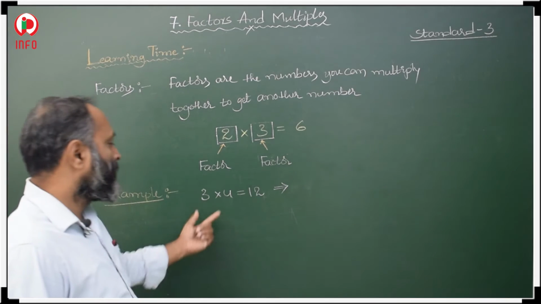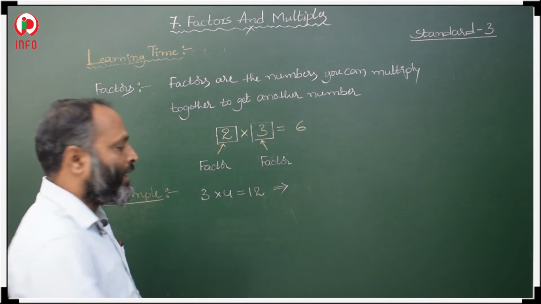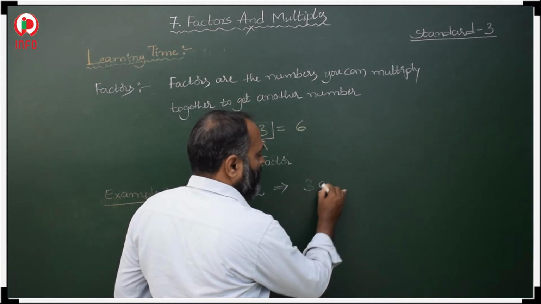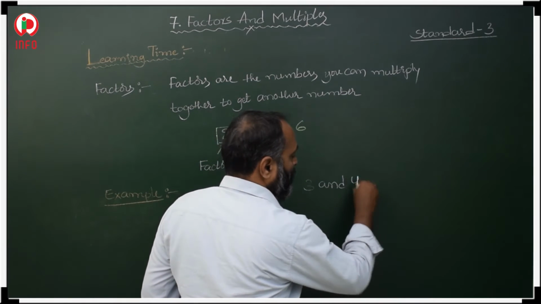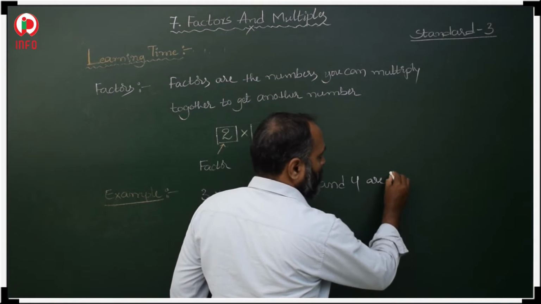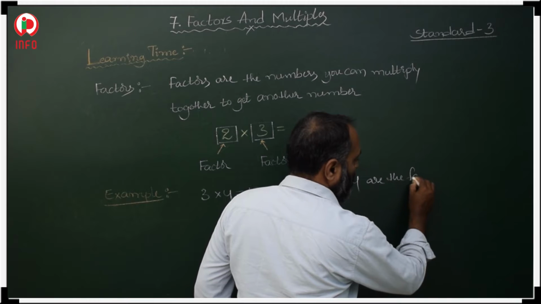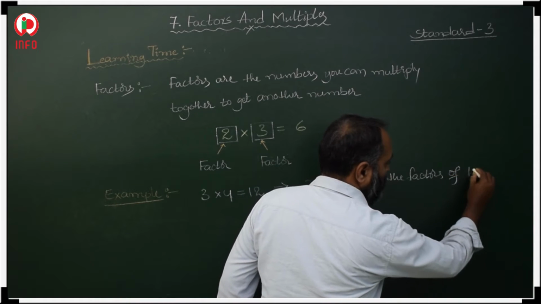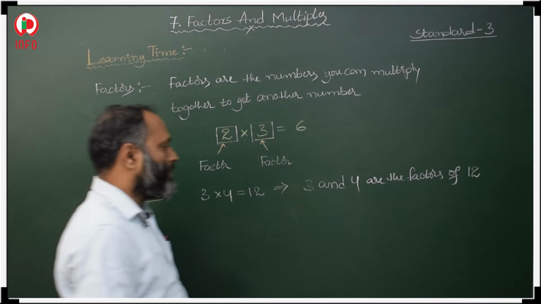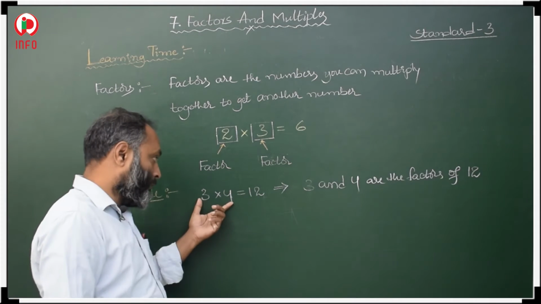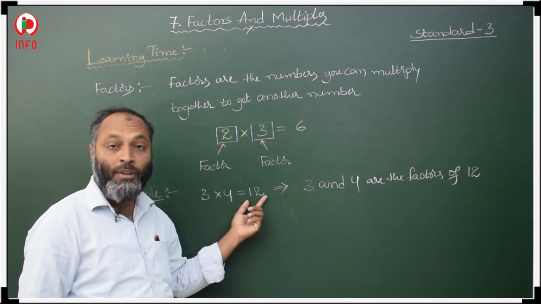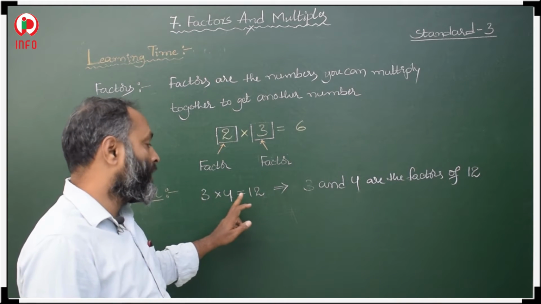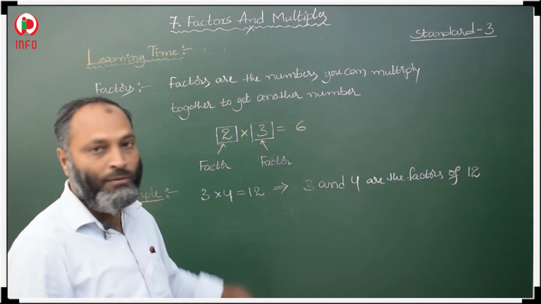It means 3 and 4 are the factors of 12. After multiplying 3 and 4, we are getting 12. It means 3 and 4, these two are the factors of 12.